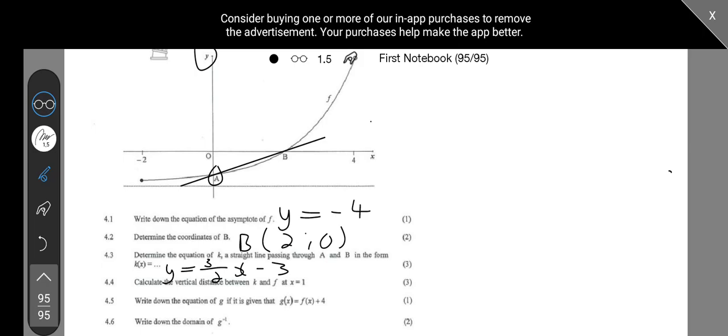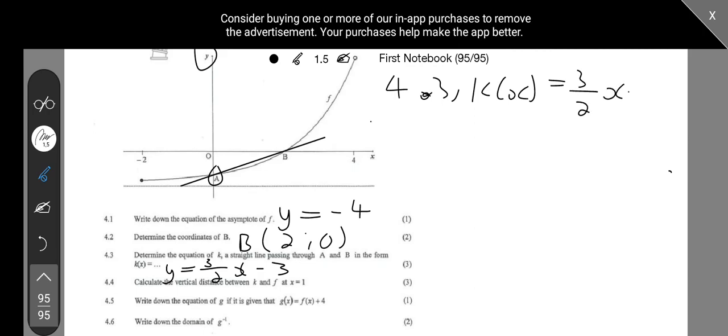Actually, we didn't answer the question fully. The answer to 4.3 is that they want it in the form k of x equal to. So k of x is equal to 3 over 2 x minus 3, and that is how they want it. I'm sorry for that.